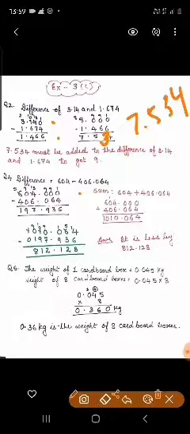406.064. On subtraction, I am getting 10 minus 4 as 6, 9 minus 6 as 3, 9 minus 0 is 9. This becomes 3, so I am going to again take a borrow from the previous number. That means over here I have to borrow from the 6. So the next number becomes 9 and this becomes 13. 13 minus 6 will give me 7, 9 minus 0 will give me 9, and 5 minus 4 will give me 1. So the difference I am getting over here is 197.936.